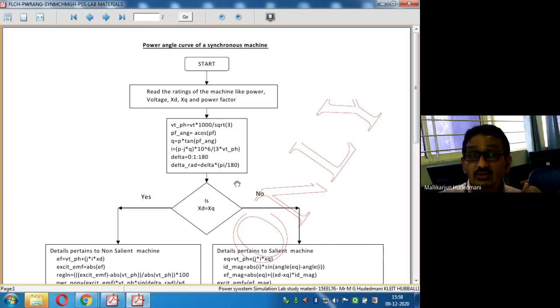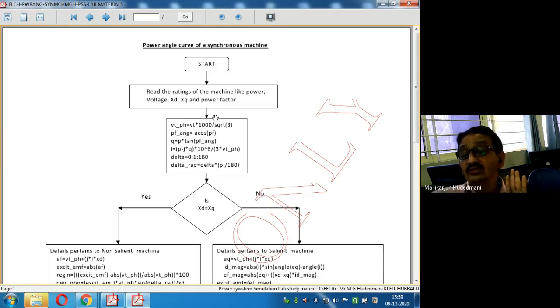What is that expression? Vt square times (xd minus xq) divided by 2 xd xq times sin 2 delta, plus the other expression, Vt into Eg sin delta divided by xd. Whatever the power transfer expression I had, there I need delta. To substitute that delta, I am preparing my delta scale here and keeping it ready.